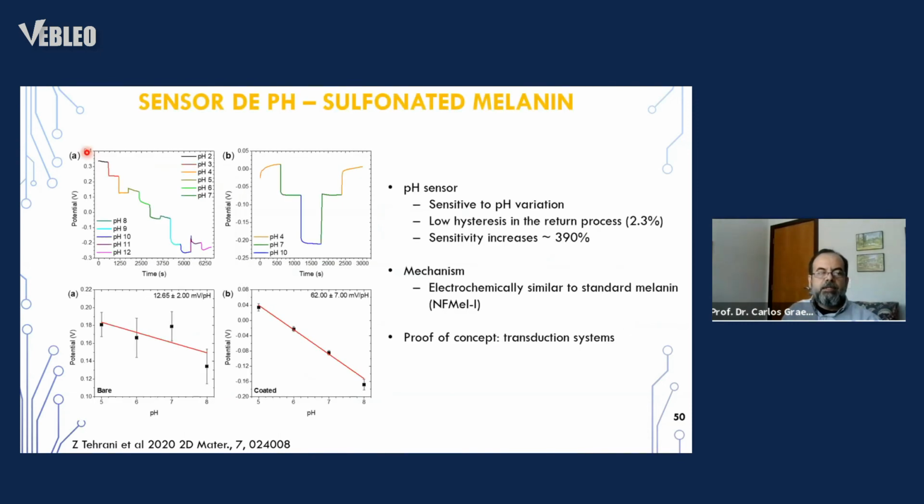The sensor responds very quickly to changes in pH, as can be seen in this graph, and they are reproducible. So if we change back to the same pH, we get more or less the same potential. So it's reproducible. It's quite robust, and the potential changed quite a lot. So it's a very, very interesting sensor for pH. It's just a proof of concept.